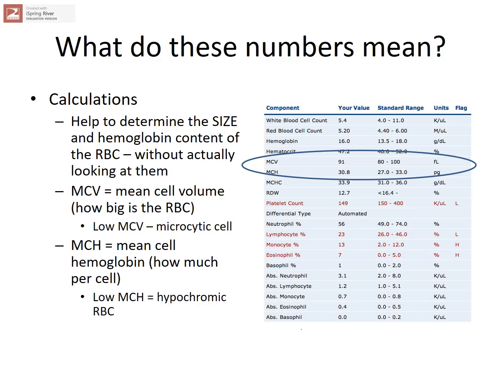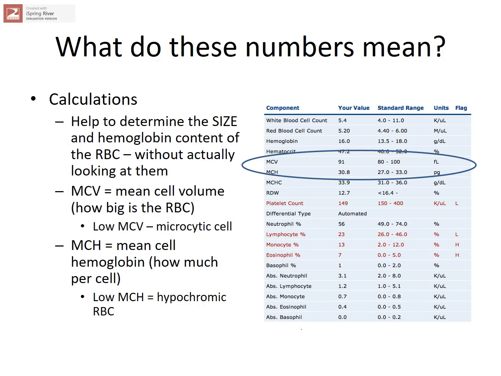The mean cell volume, or MCV, tells us how big the cell is. So if we have an MCV that is below the normal range, in this case less than 80, we would say that the cell is microcytic, or too small. We often see microcytic cells in some types of anemia, such as iron deficiency.